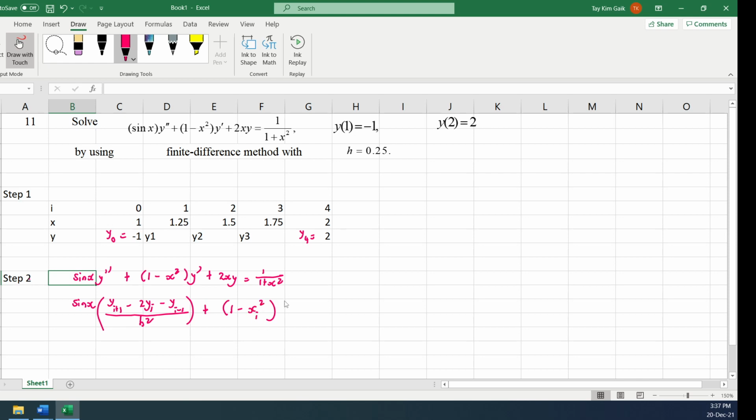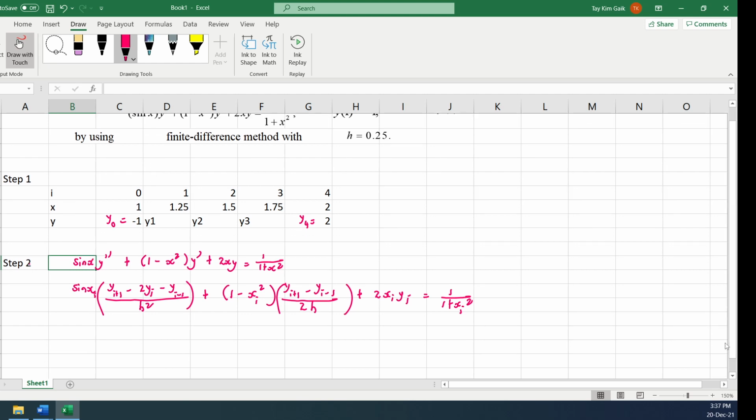The first derivative y prime using 3-point central will be (yi plus 1 minus yi minus 1) divided by 2h. So 2xy will become 2xi yi equal to 1 over 1 plus xi squared. And this will be sin xi.